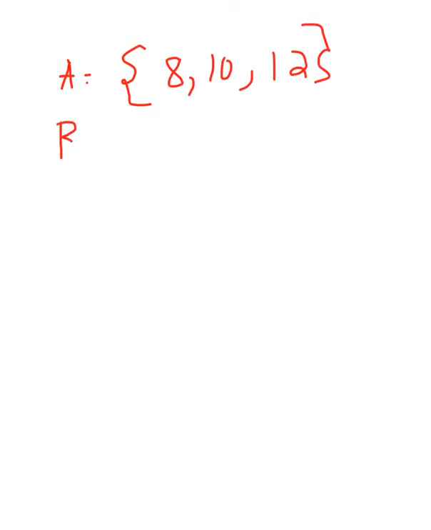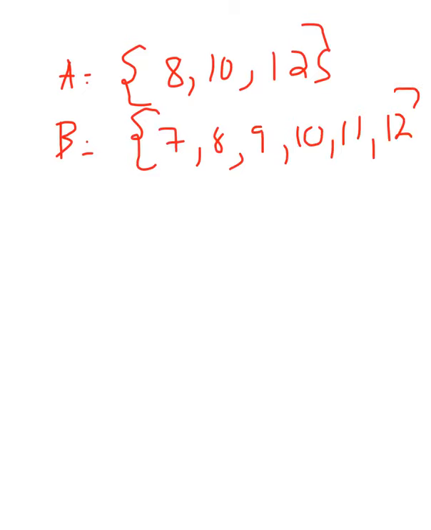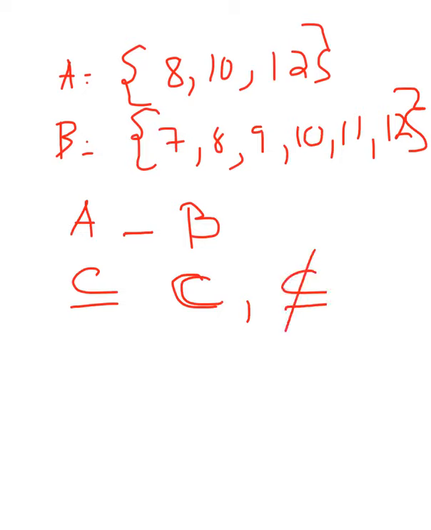Set B has the elements 7, 8, 9, 10, 11, 12. A is blank B, and you have to choose from subset, proper subset, or not a subset. So in the case of this one, yes, set A would be a subset because 8, 10, 12 are included in set B, and it would also be a proper subset.